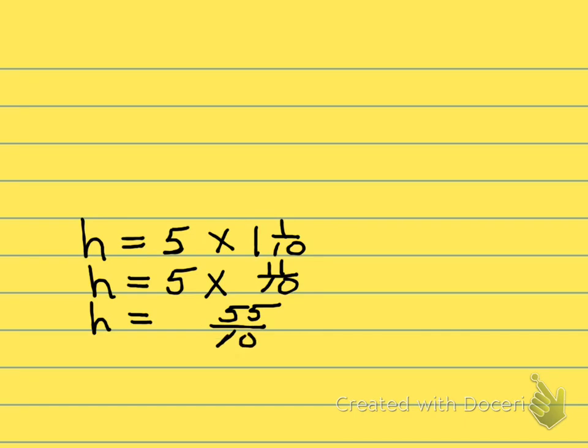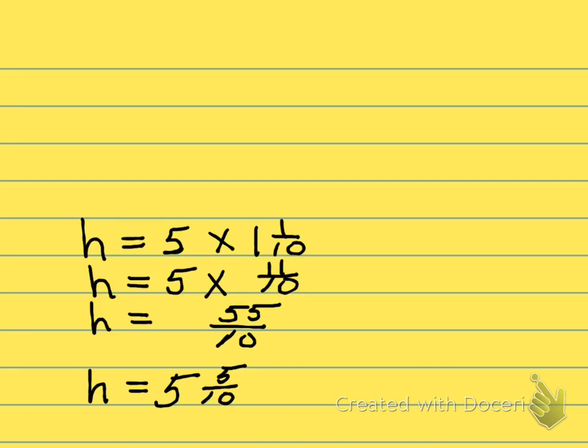Now, that is a fraction greater than 1. So what I'm going to want to do is convert that and think, how many tens are in 55? So let's go ahead and convert my fraction greater than 1 whole and see what we can come up with. Yes, there are 5 tens in 55 with 5/10 left over.